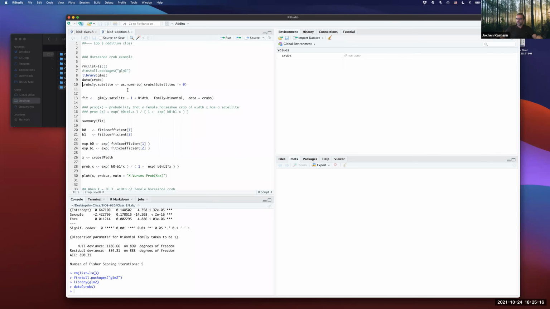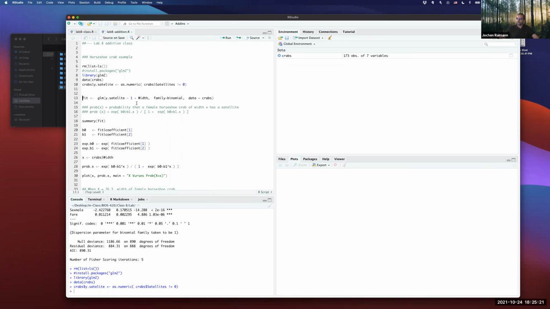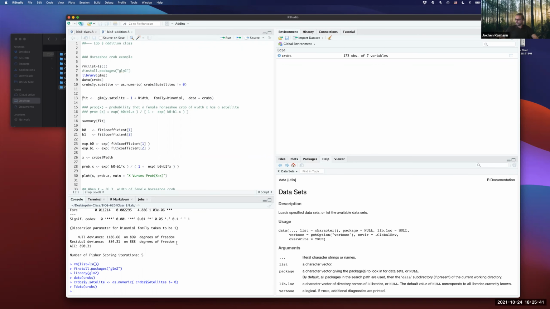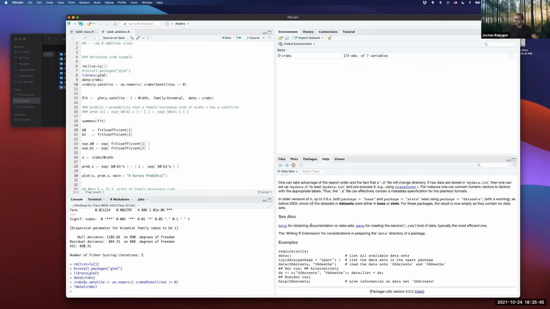I don't know what the example is, but essentially you can use it just in the way that it was done here. We can look like this. Data sets. Help.